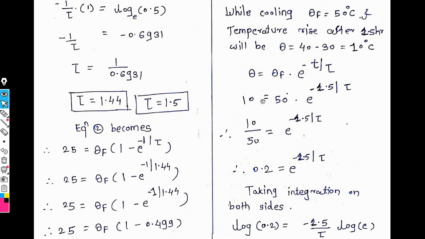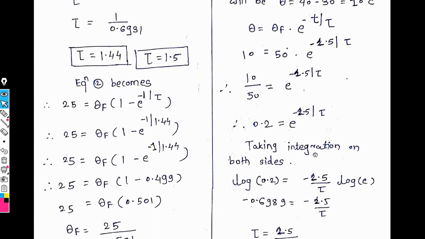Then 10 is equal to theta f, which is 50, into e raised to minus 1.5 upon tau. Then 10 upon 50 is equal to e raised to minus 1.5 upon tau. Taking the ratio, we get 0.2 is equal to e raised to minus 1.5 upon tau.